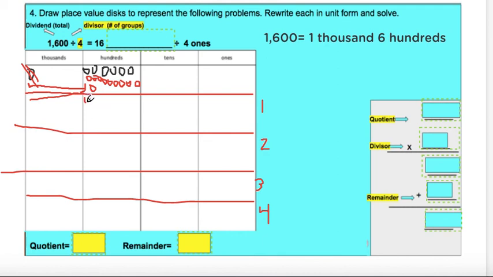It's just time for us to distribute now. You know how to do this part. Go ahead and pause the video and make sure that your paper looks just like Miss Turner's when she's done distributing to all 4 groups. We need to figure out how many are in each group.